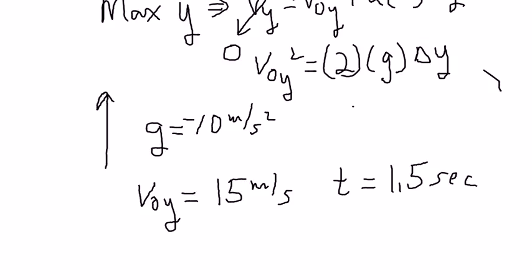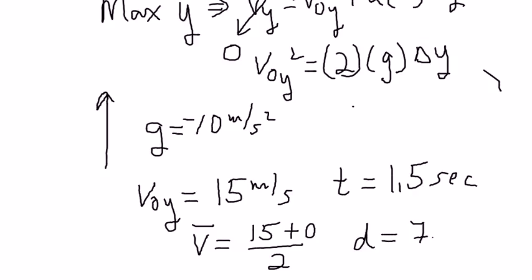And I can use that to also get the top. In this case, I could, for example, say that going up, the average velocity is 15 plus 0 divided by 2, and therefore the total height, I just wrote it, d, is equal to 7.5 times 1.5, and that will give me my maximum height.